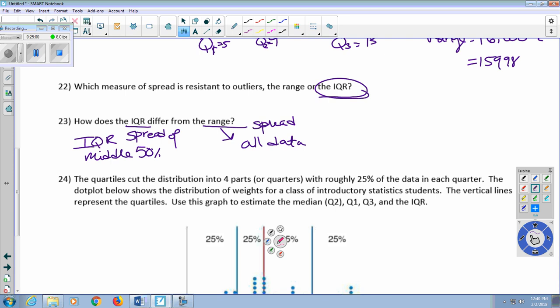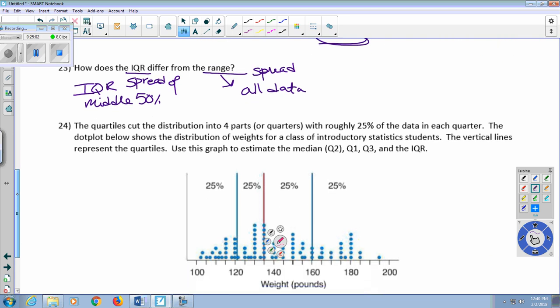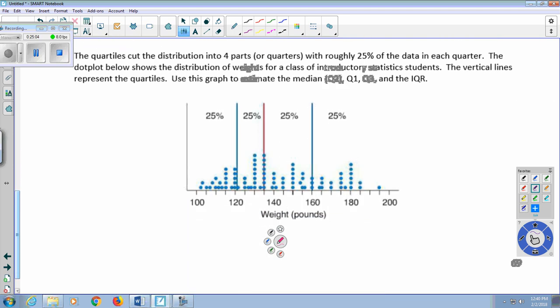Okay, we have one last example here. The quartiles cut the distribution into 4 parts. So roughly 25% of the data is below Q1, 50% of the data is below Q2, 75% of the data is below Q3. So between each of these lines is roughly 25% of the data.